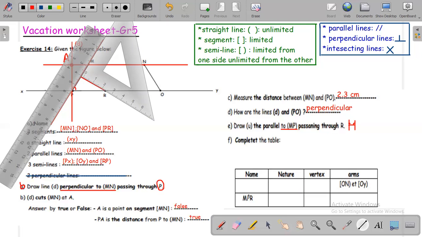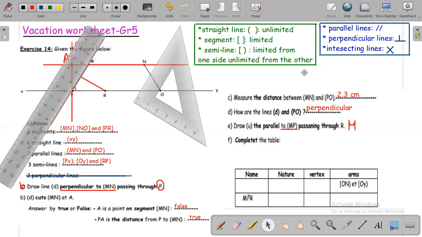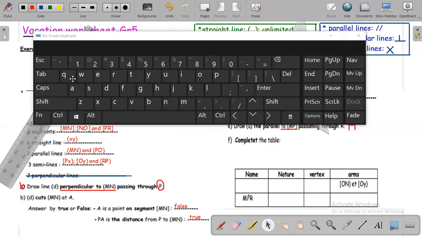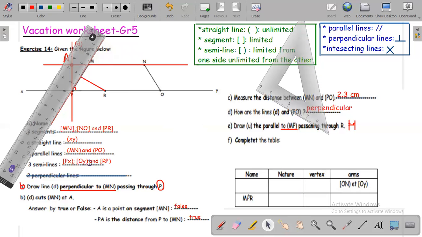And now we want to draw another perpendicular. So now we want to draw the perpendicular to this perpendicular.